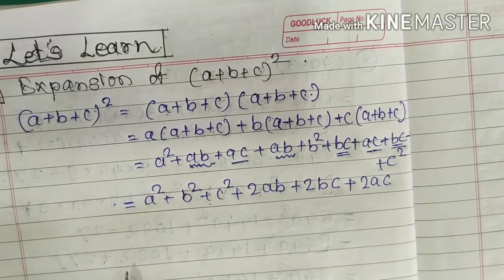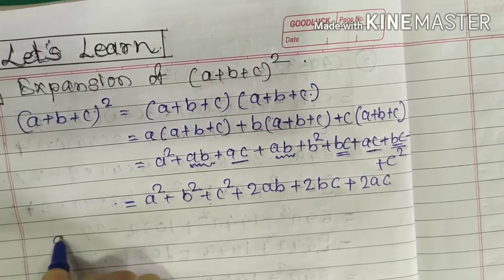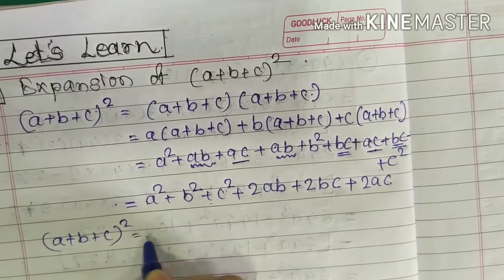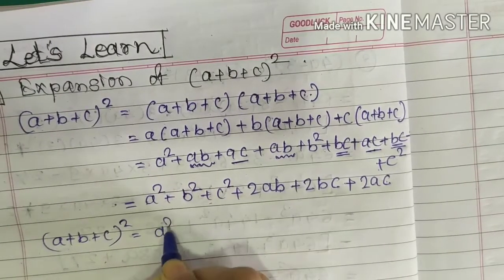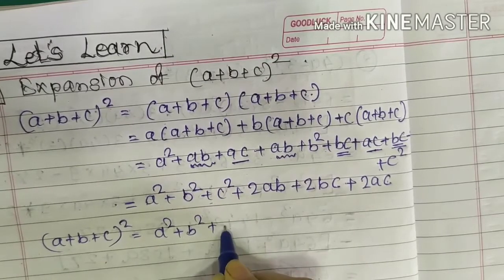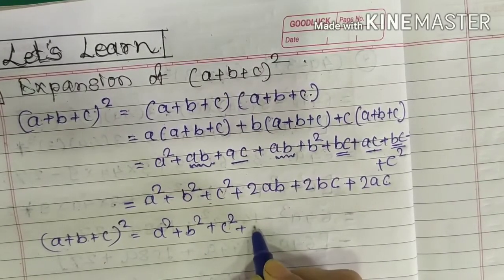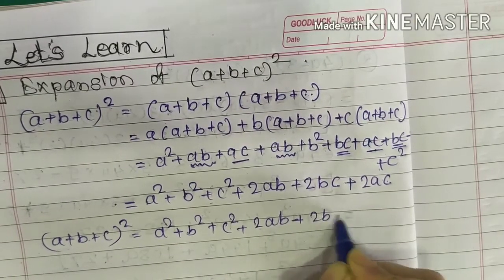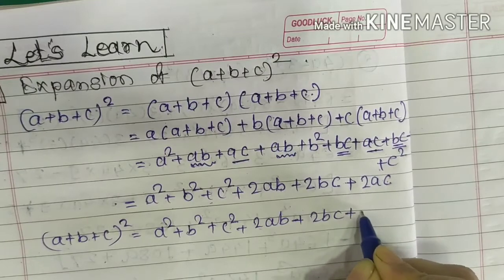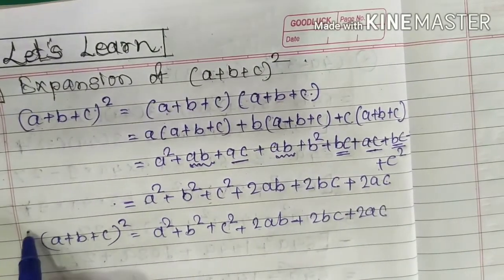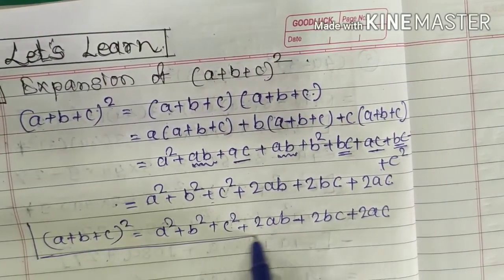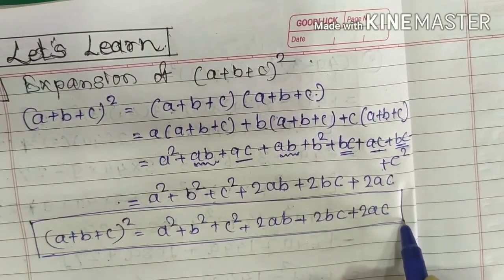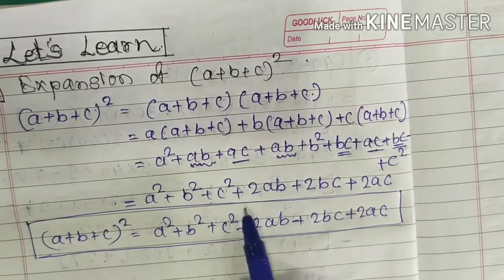Hence we write that (a + b + c) whole square is equal to a square plus b square plus c square plus 2ab plus 2bc plus 2ac. We get this fourth formula in this chapter.